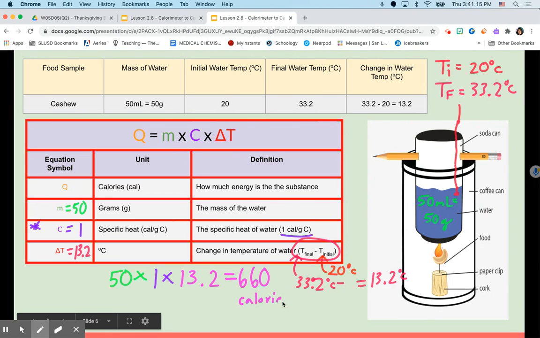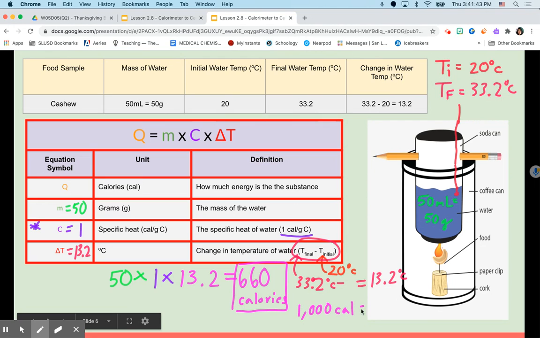So keep in mind that when you write the unit calories, you should always write lowercase c calories, because this is different from your nutrition facts label, right? So 660 lowercase c calories is essentially 1 capital C calorie.